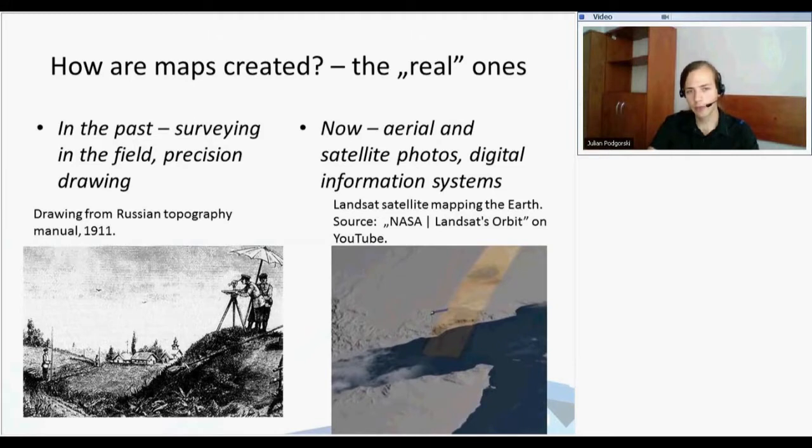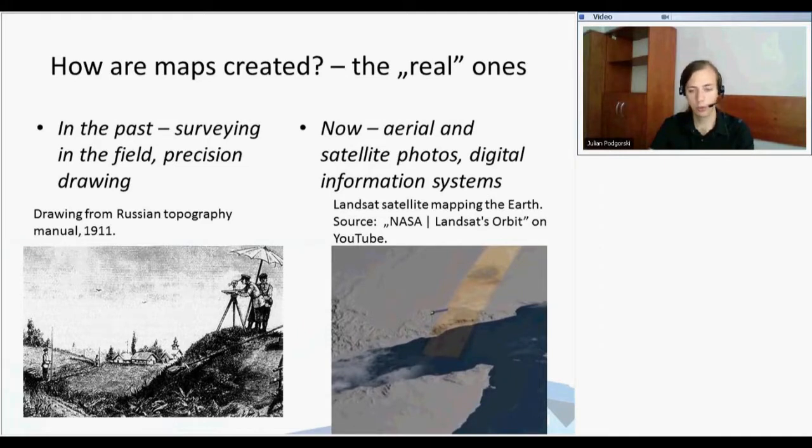Then we take those photographs into the computer and do some mathematics, some image processing, and this way we can get maps which are sometimes even better than the ones done with surveying, without really the need of going out into the field. So in the past, we went to the field to actually measure the land, and nowadays the satellites do the measurements for us.